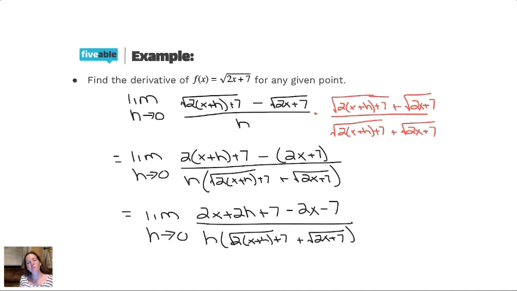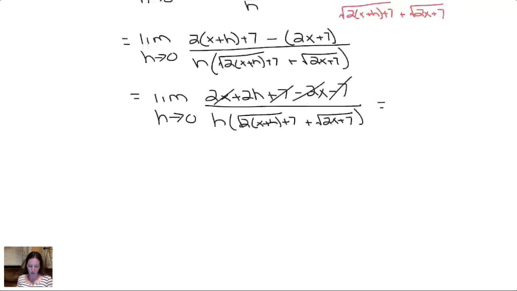Hopefully, again, you can see you've got some magic happening in that numerator, right? So the 2x and the negative 2x are going to cancel. The positive 7 and the negative 7 are going to cancel. And so in the numerator, we're just left with 2h.